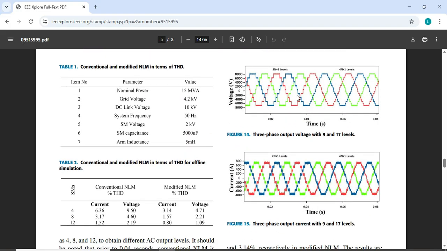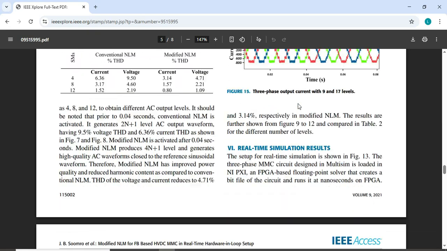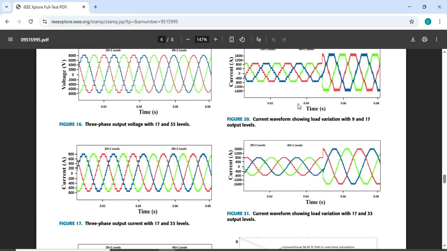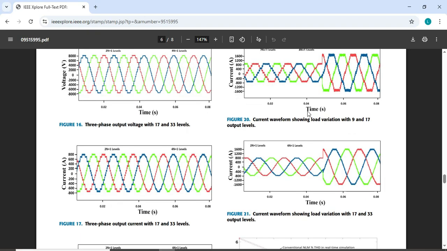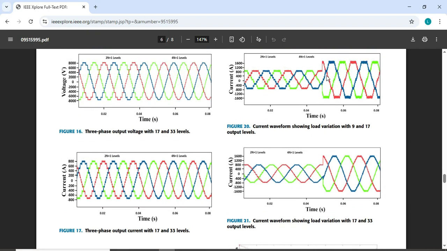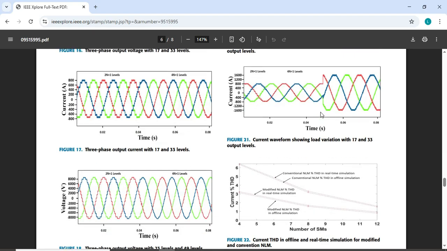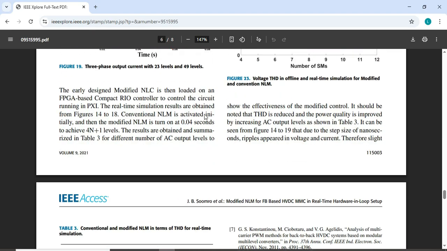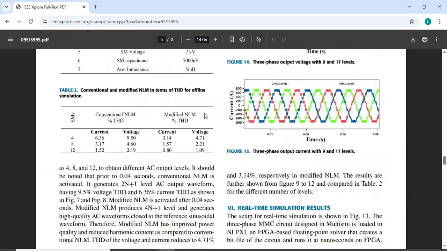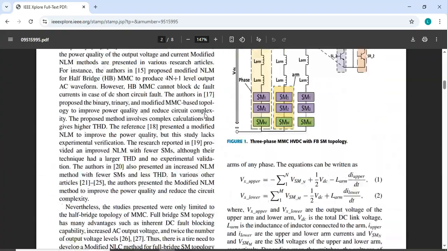After that, we were getting the same results using the RT HIL setup, where I showed how the current waveform behaves if the load is varied, and several comparison schemes. So this is all about my paper.